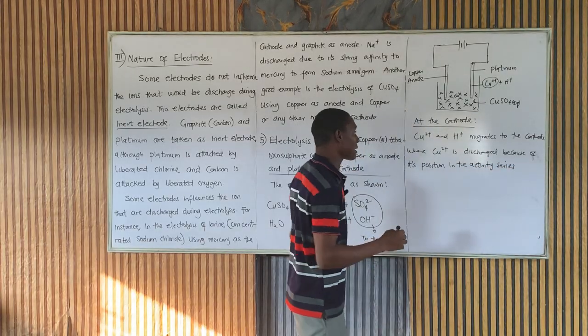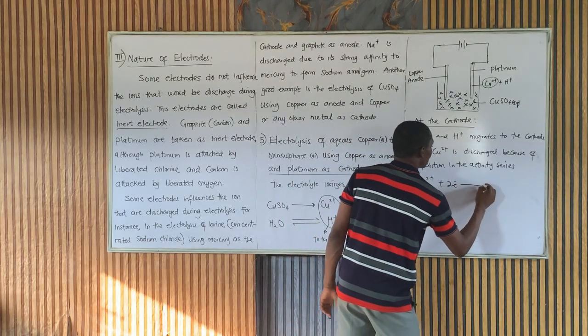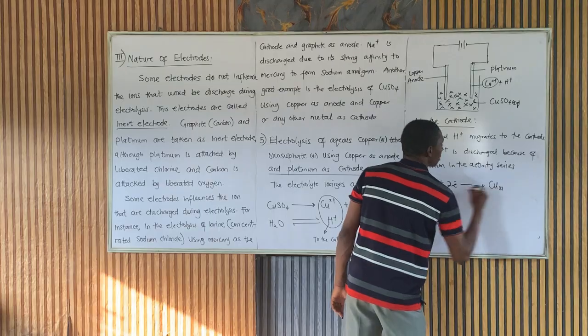So we have Cu2+ accepting 2 electrons to be discharged as copper.